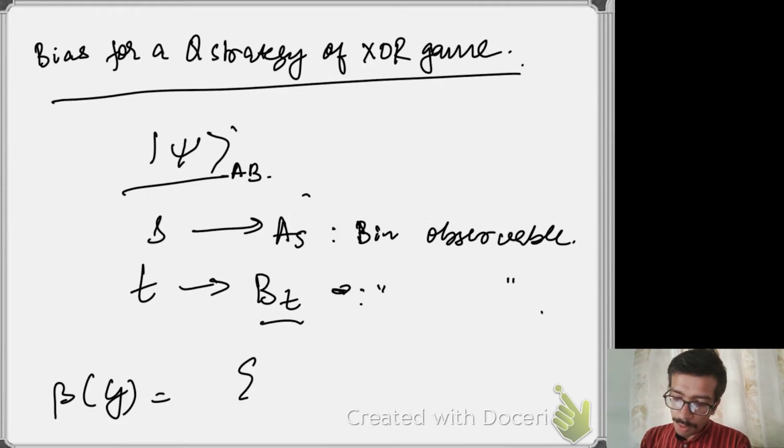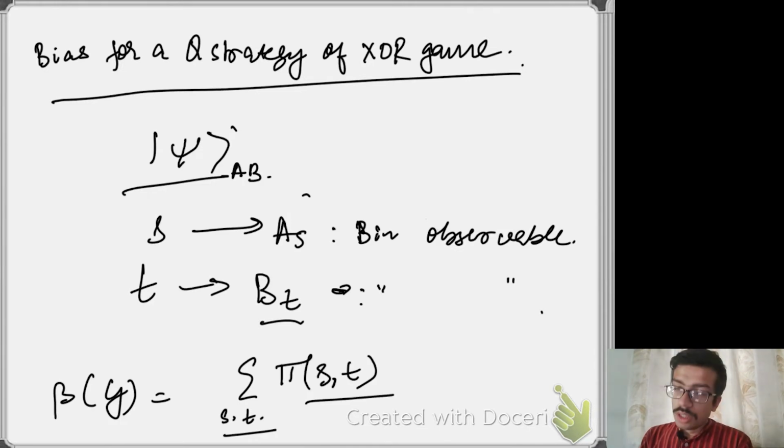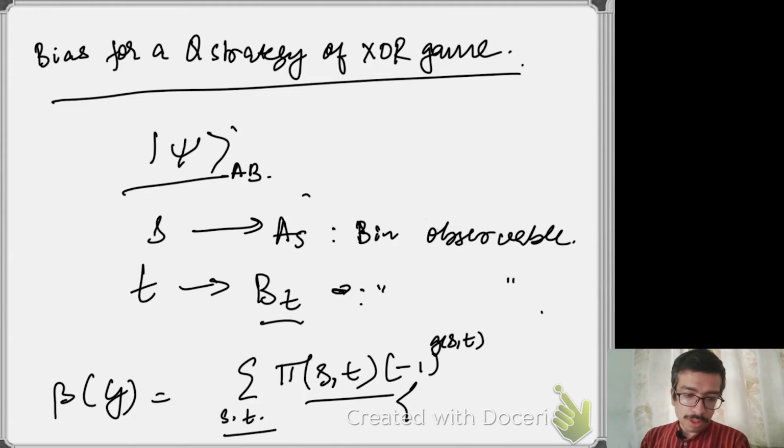The bias of this game will be the sum over all inputs S and T of the probability of S and T, which is indicated by the parameters of the game, times (-1) to the power G sub ST times the expected value of AB, which is bra psi, A sub S tensor B sub T, ket psi.